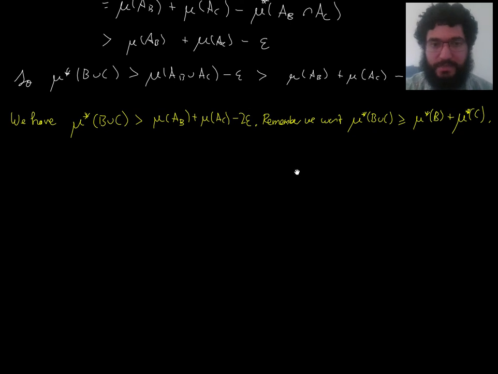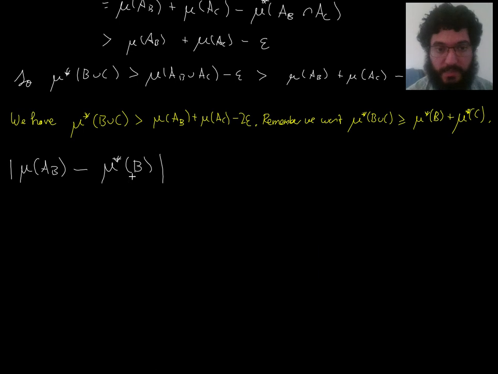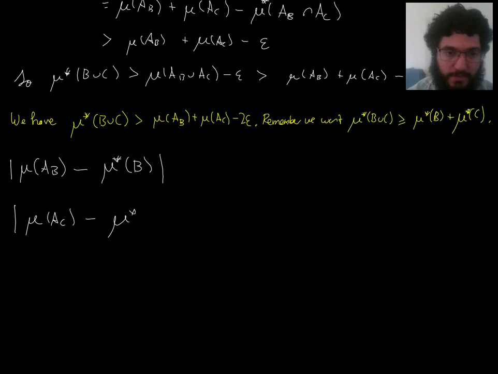So what next? Well, can I replace mu of AB maybe by a mu star B? Can I replace mu of AC by a mu star C? And if I do that, what is the cost? So it sounds like I need to know about the distance between mu AB and mu star B, and the distance between mu AC and mu star C. And it's harmless to put a star there, right?